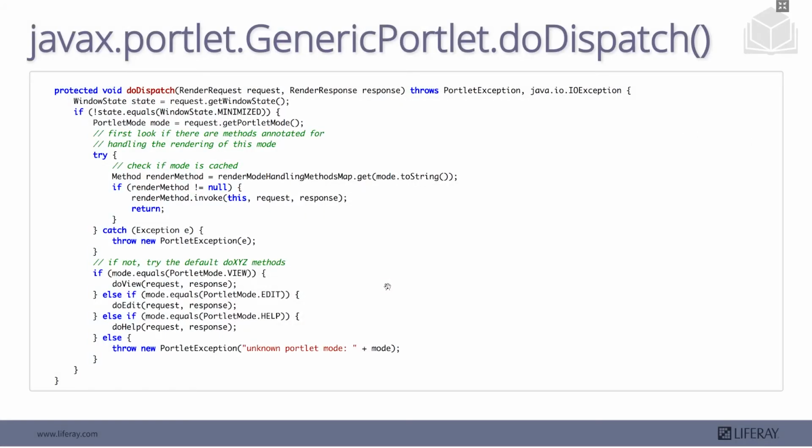So the render phase is invoked, the render method is called, the render method will call doDispatch. Over here in doDispatch, what we're trying to do is figure out which portlet mode we are in. Once we figure out which portlet mode we are in, we will then call the method that corresponds with it.